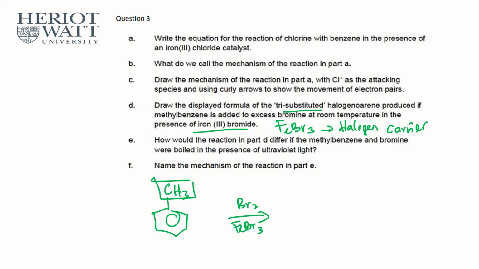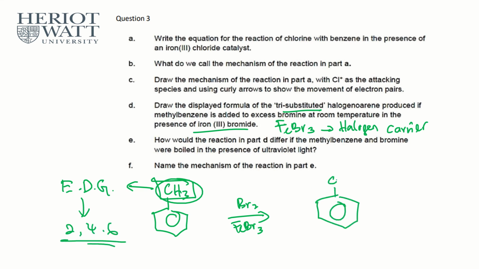In order to determine the position of the bromine that will attach to the benzene ring, it all depends on the group that is pre-attached to the ring. In this case, the group pre-attached to the ring is actually an electron donating group, EDG, which directs to positions 2, 4, and 6, right? So therefore, the tri-substituted product will have CH3 as well, and at 2, 4, 6, you have 3 bromines substituted in.